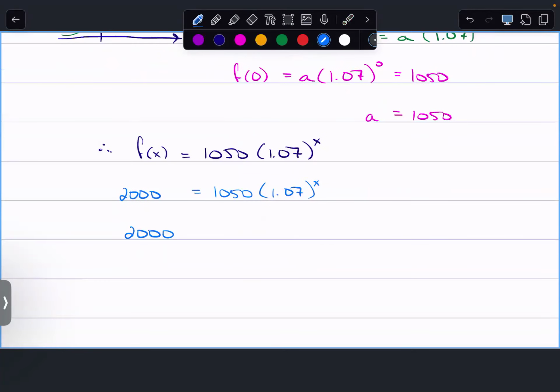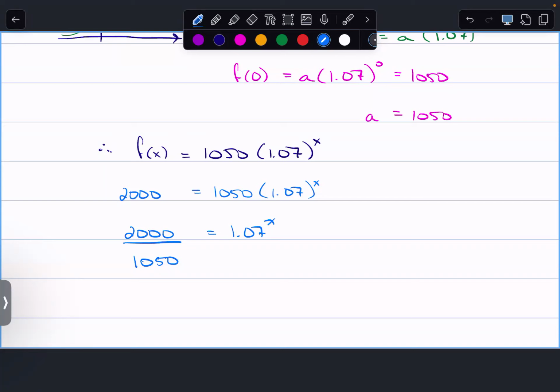So I get 2000 divided by 1050 is 1.07 to the power of x. Let's see if I get something nice. I do not, so I'm just going to keep it as is. I get kind of a nasty number, but I can take the log of both sides.